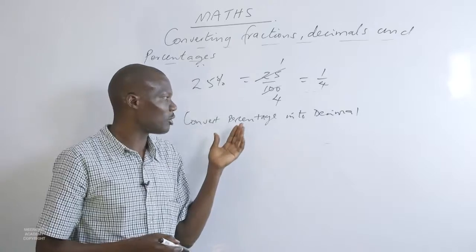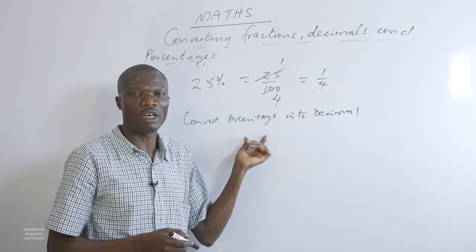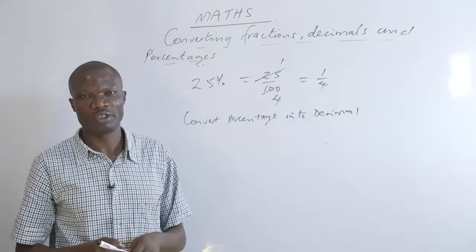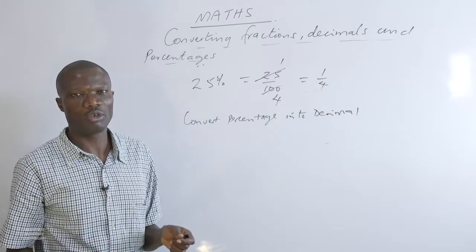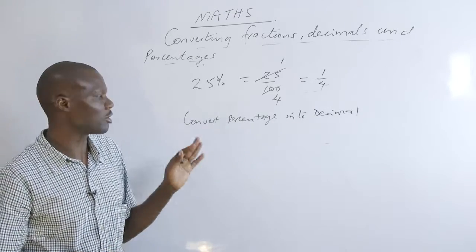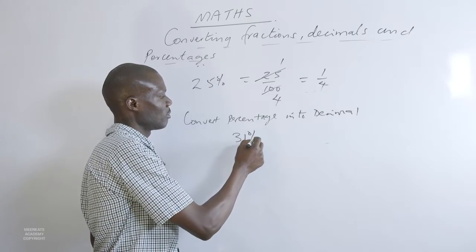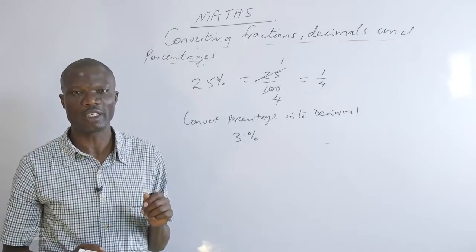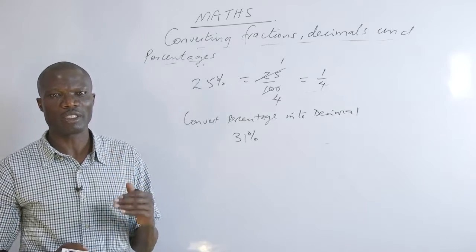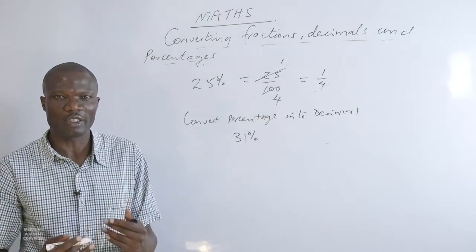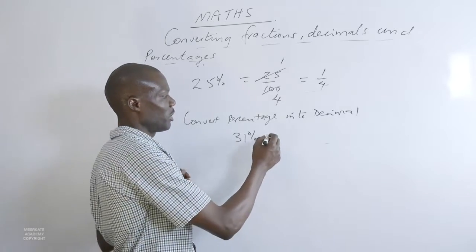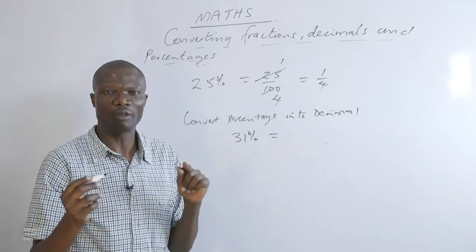Here, we are to be able to convert a percentage into a decimal. How do we apply this? Let us convert 31%. First write it as a fraction. This will be 31 over 100.